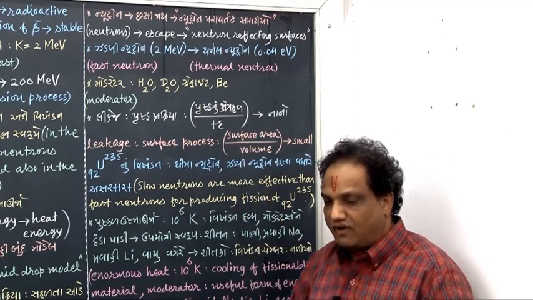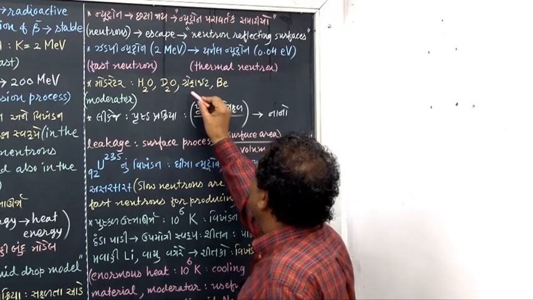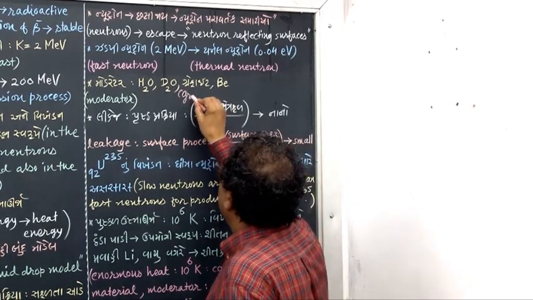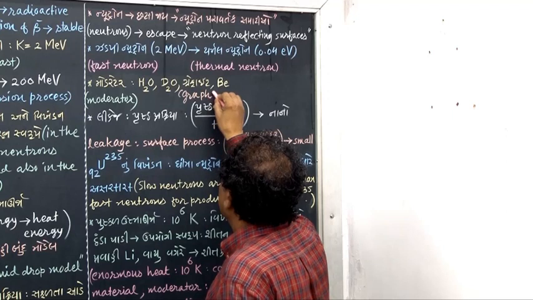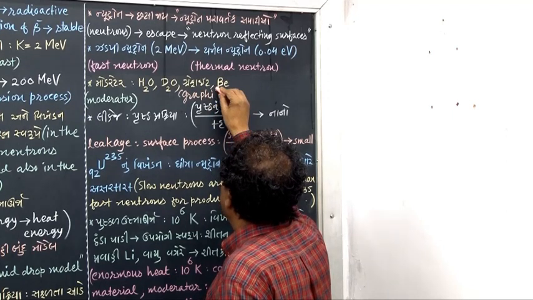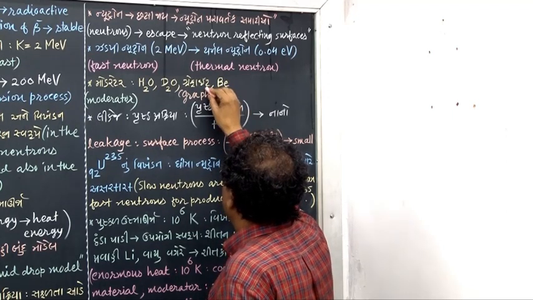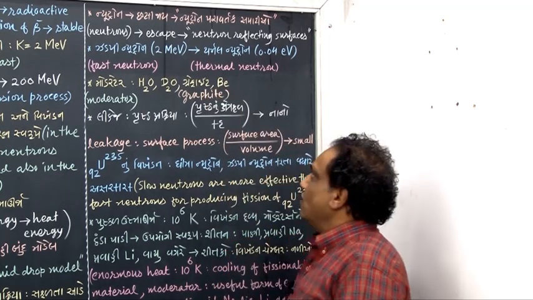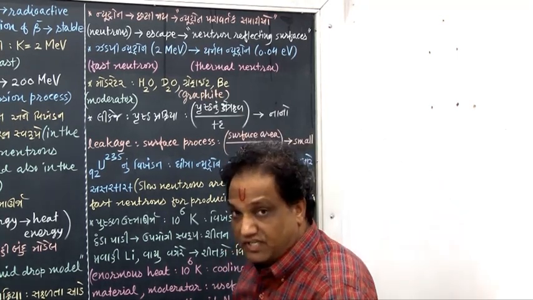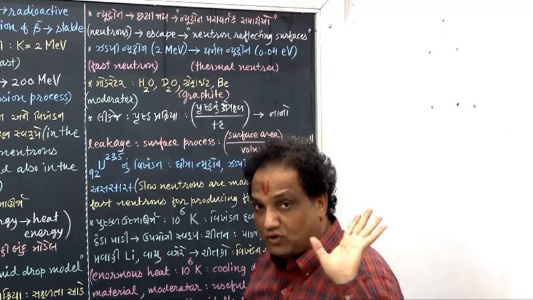Using these substances, we prepare nice moderators. Moderators are those substances which can control the speed of neutrons.